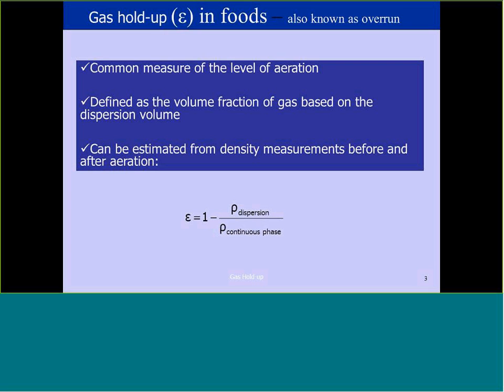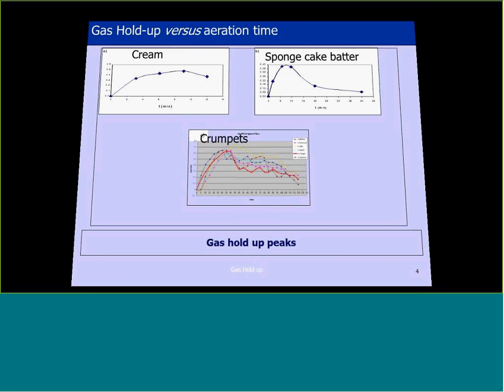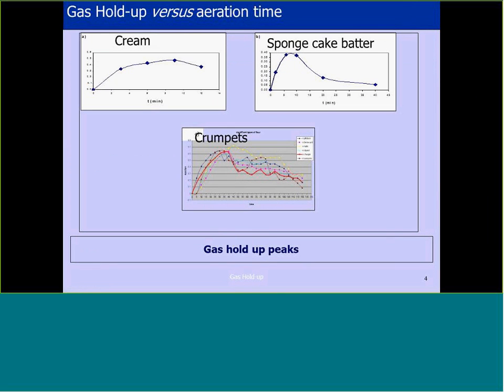Here we have graphs which show how the volume fraction varies as a function of whipping time. Now, this is very important from the food engineering point of view, because engineers have to tell how long you should mix, because time is a variable. So we'll see that in most cases, the volume fraction of gas absorbed increases, it reaches a peak, and then it drops.